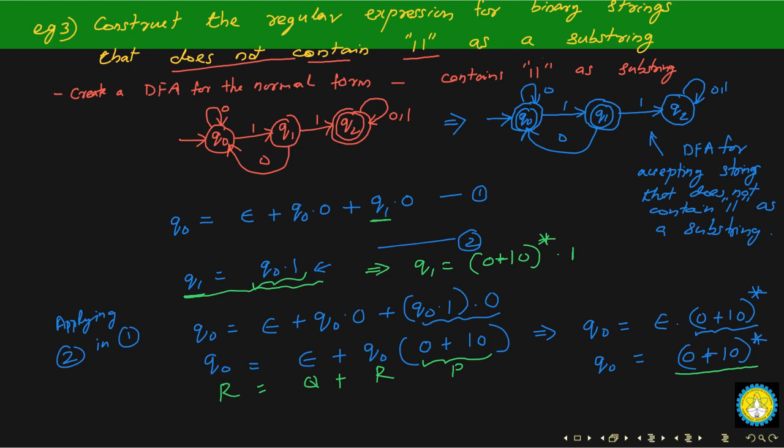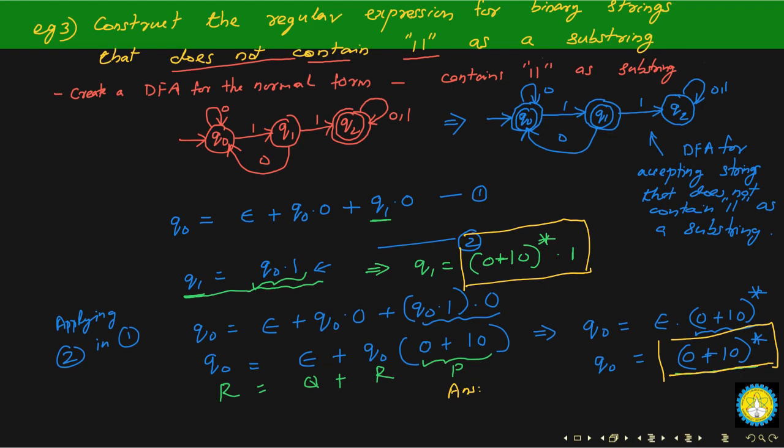Now we have to combine both of these. What we want is the regular expression for Q0 plus the regular expression for Q1. The final answer will be the union, or the plus operation, of these two regular expressions.